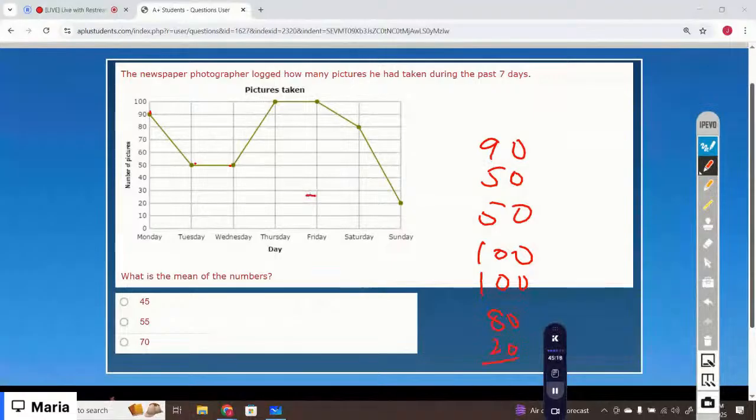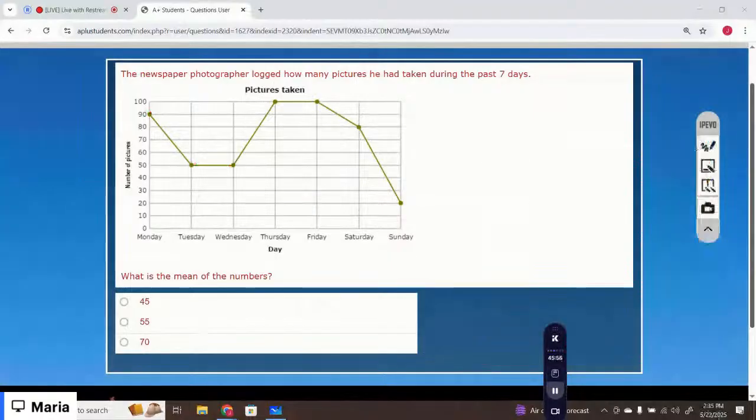So we need to calculate and we just add them all. So that is 70, the mean is 70, option number 3 is the correct option.